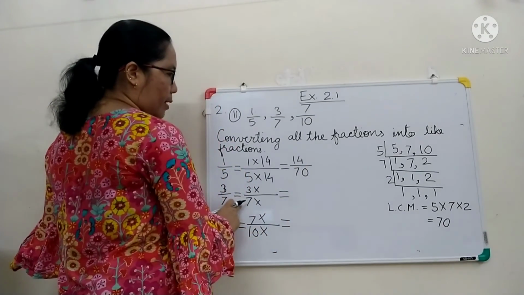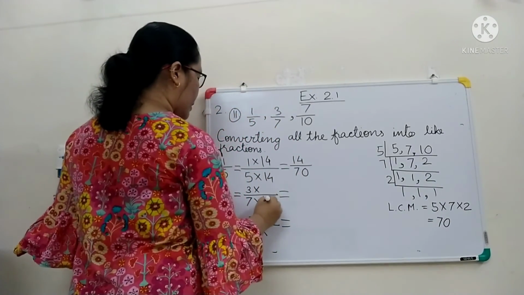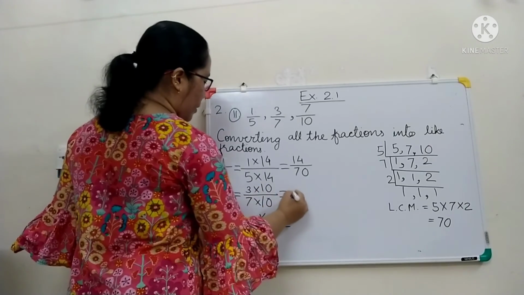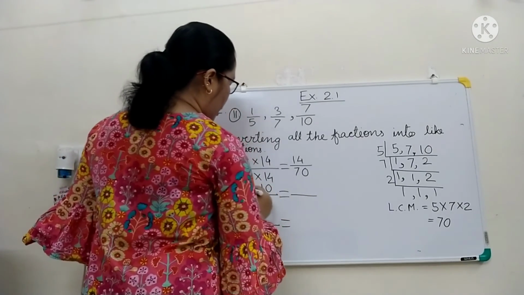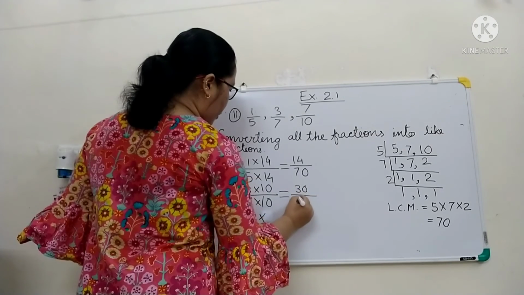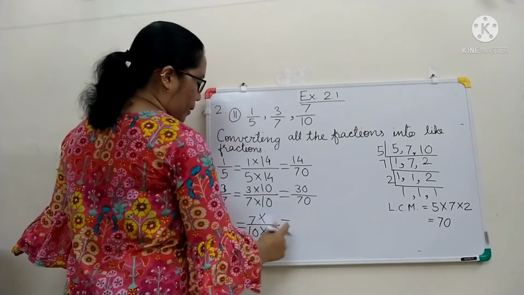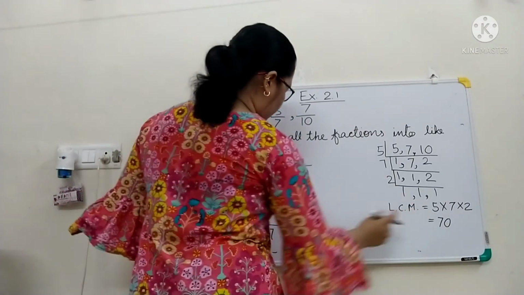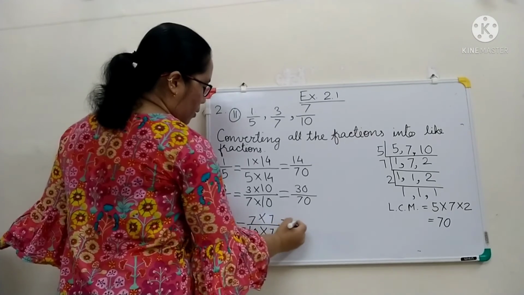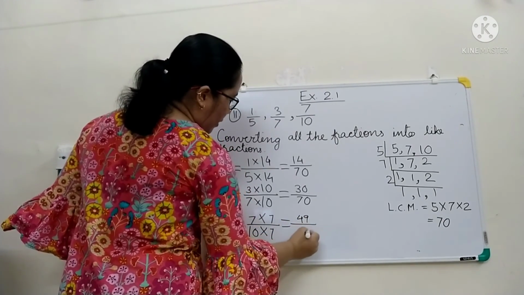Now similarly 7 multiplied by 10 is equal to 70, so the numerator will also be 10. So 3 multiplied by 10 is 30 upon 70. And here 10 multiplied by 7 is 70, so 7 multiplied by 7 will be 49 upon 70.